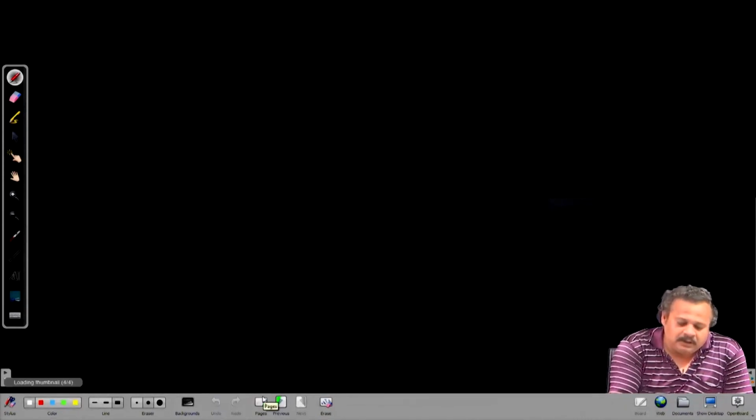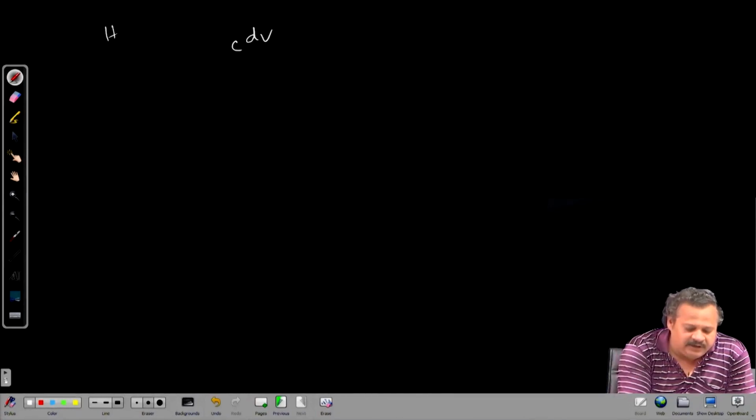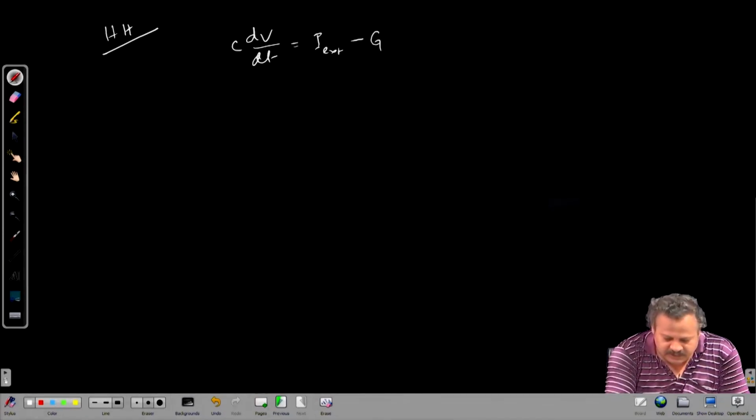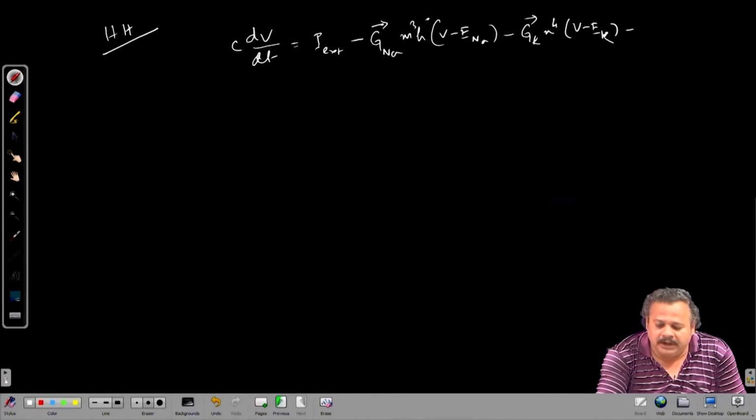So now if you remember the Hodgkin-Huxley equations, so we are now shifting back to the Hodgkin-Huxley equations, which is C dV/dt equals I external minus G sodium m cubed h (V minus E Na) minus G K n to the power 4 (V minus E K) minus G leak (V minus E leak).